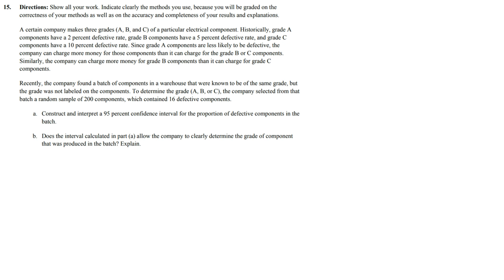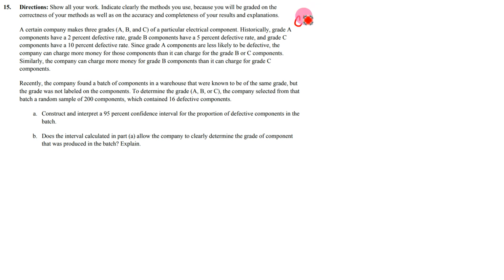Since grade A is less likely to be defective, the company can charge more money for these components than it can for B or C. Similarly, the company can charge more money for B than it can charge for C. Recently, the company found a batch of components in a warehouse that were known to be the same grade, but the grade was not labeled on the components. To determine the grade, the company selected from the batch a random sample of 200 components, which contained 16 defective parts. Construct a 95% confidence interval for the proportion of defective components in the batch.